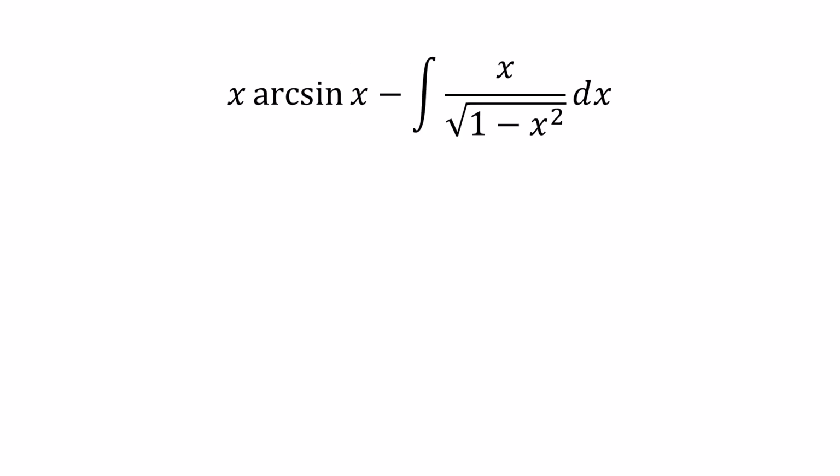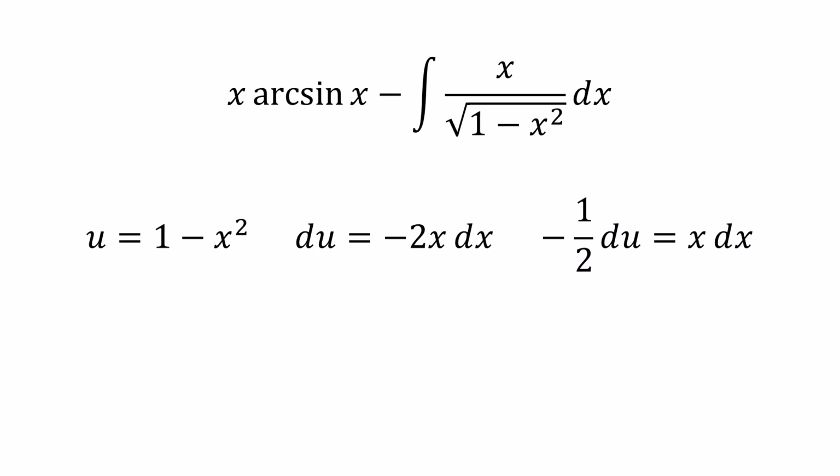To evaluate the remaining integral, we let u equals 1 minus x squared. The differential is then du equals negative 2x dx.